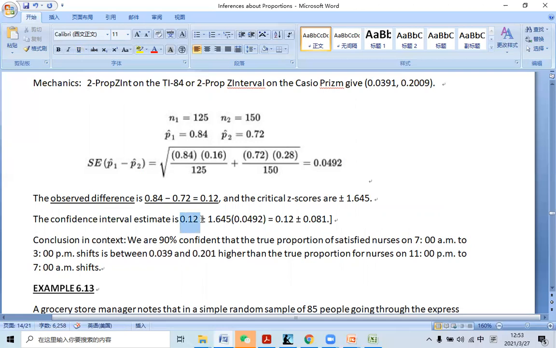The mean is 12%, the difference between the 84% and 72%. And the margin of error is 1.645 times the standard deviation, above the mean or below the mean.